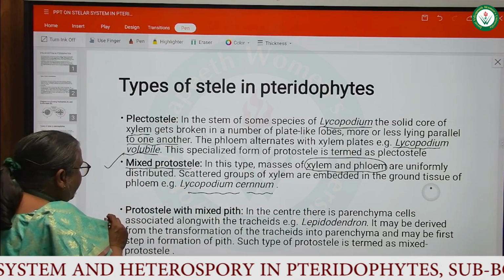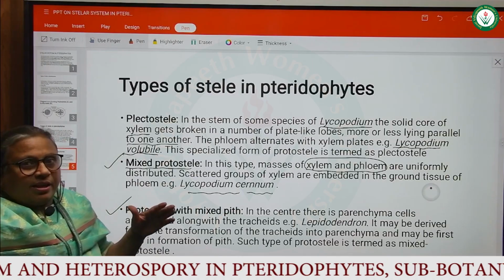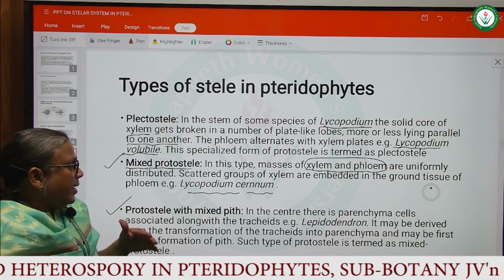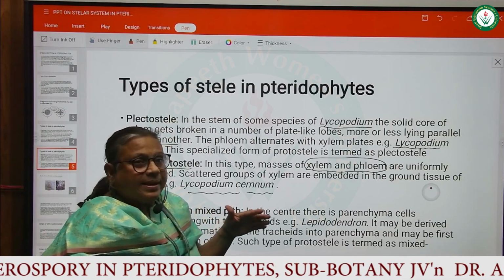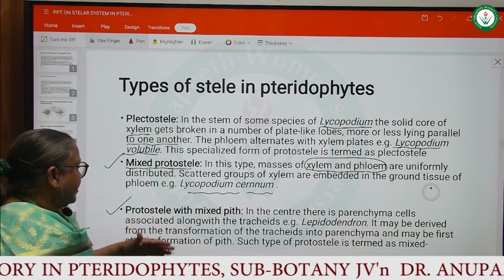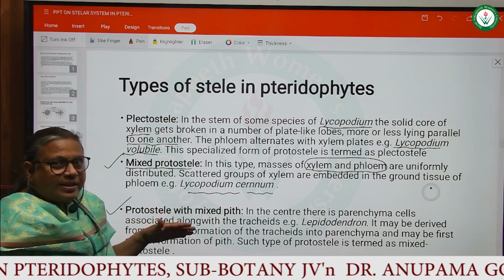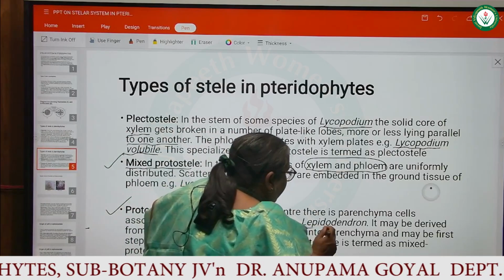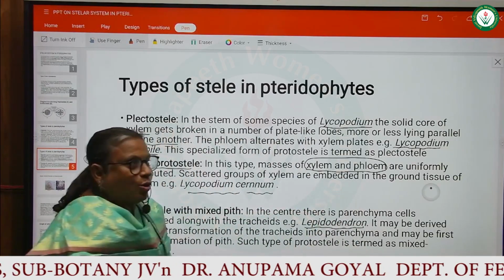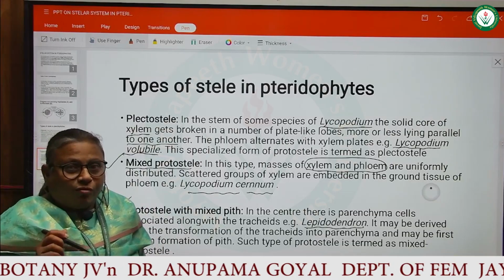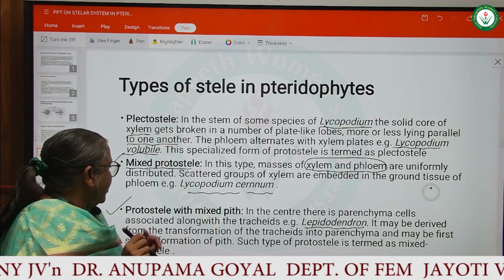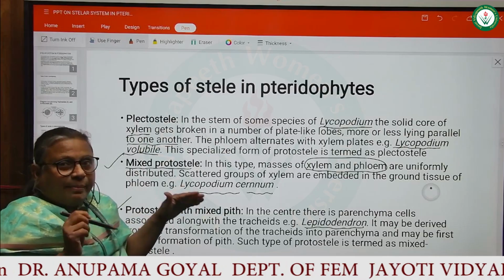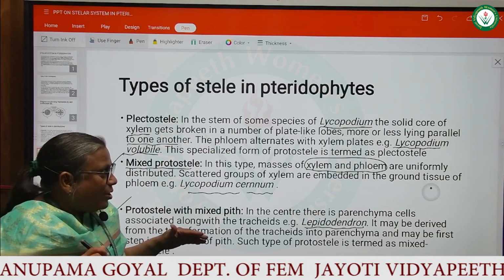Now I talk about the protostele with mixed pith. In the center there are parenchyma cells associated along with the tracheids. For example, Lepidodendron. Lepidodendron is one of the pteridophytes in which protostele with mixed pith is found.